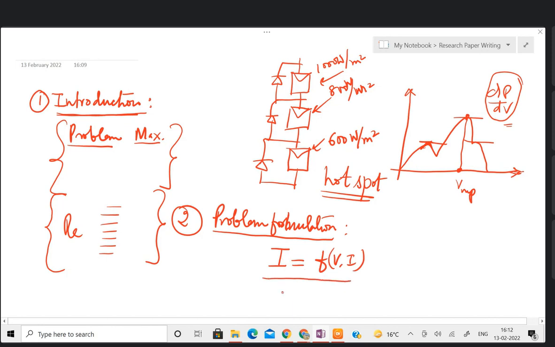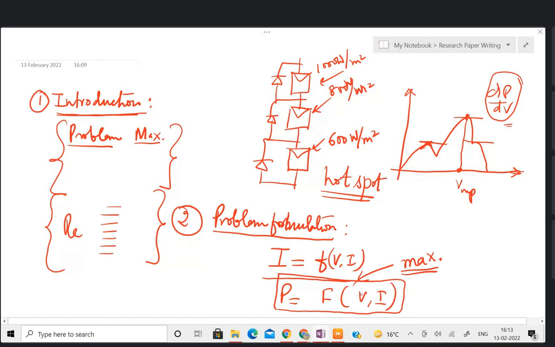Then you have to find out power, which will be a separate function involving P, V and I. And then you have to maximize this function.